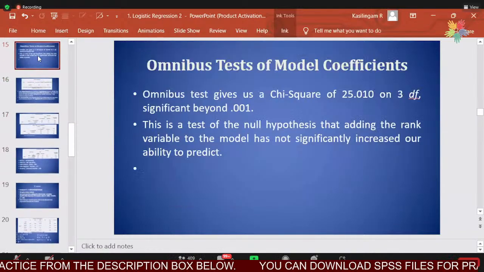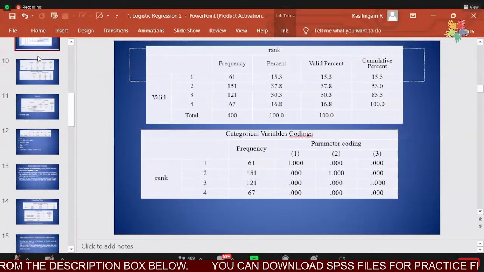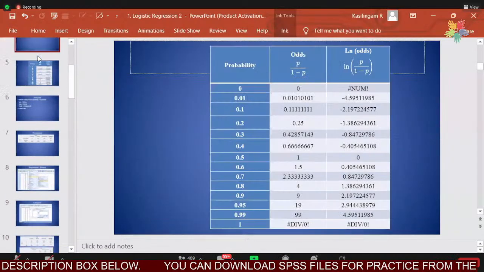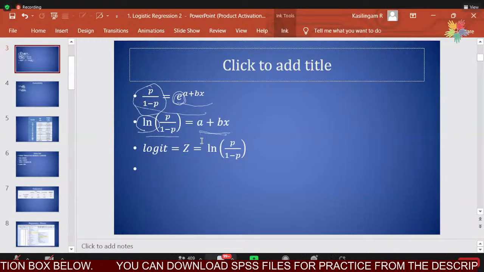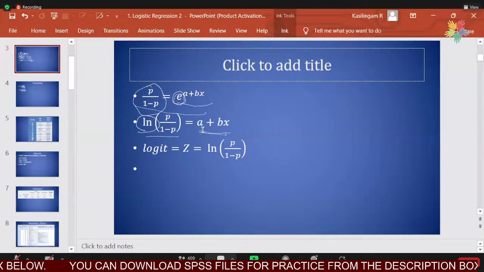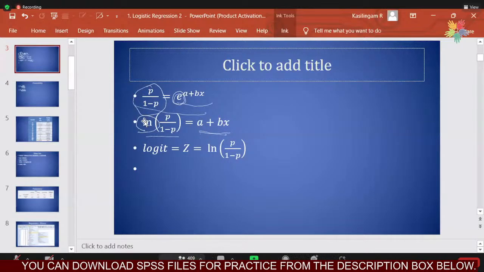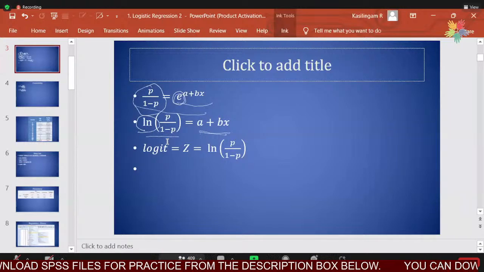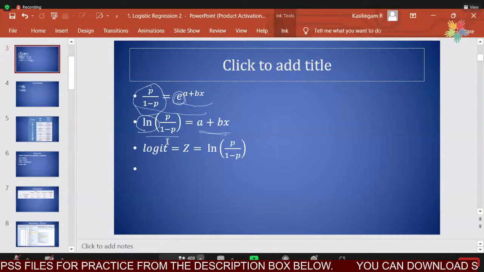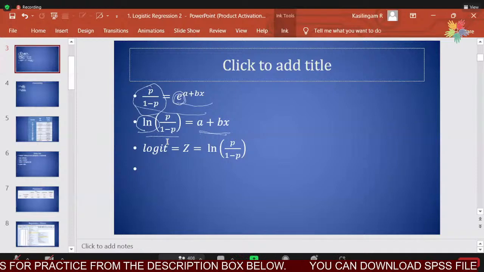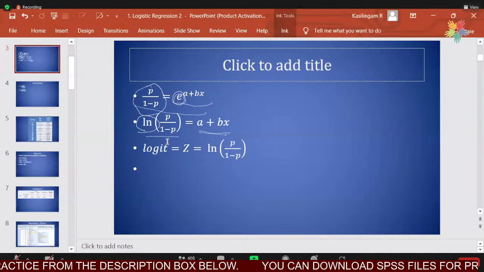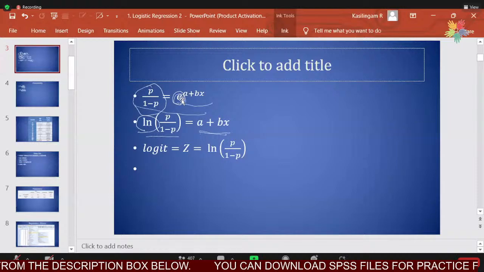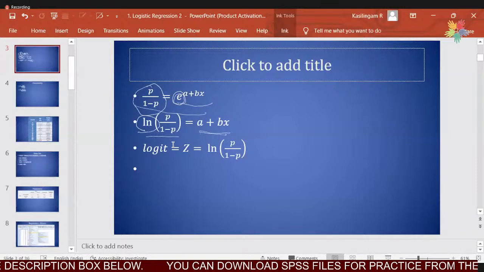My dependent variable is ln of odds of admission, yes or no. So when I use the symbol beta and alpha, my dependent variable is log of odds. Can you understand what is log of odds? You will not understand, sir. That is why use the exponential.